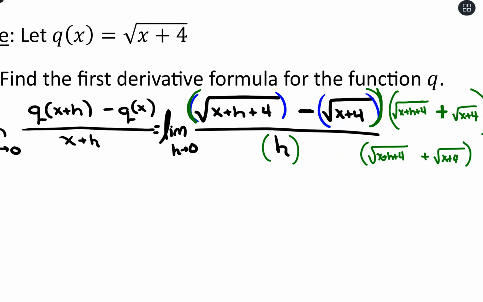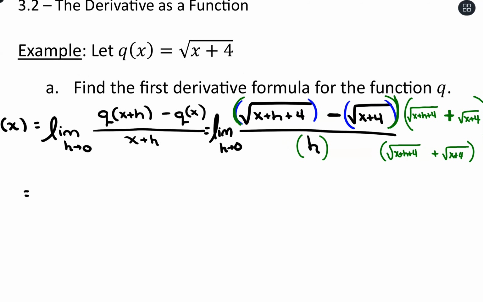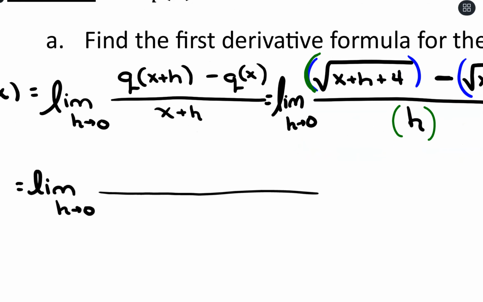Okay, so let's see how this works out. So if we start foiling up there, what should end up happening is we would lose that middle term, and what we would end up with in shorthand would be that first term, so that root x plus h plus 4, that would be squared.